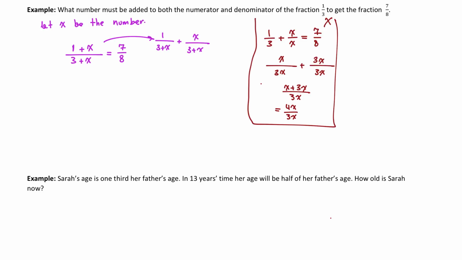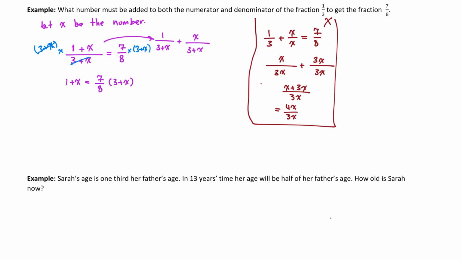So I will multiply both sides by 3 plus x, in brackets, times 3 plus x. And this will get rid of the 3 plus x in the denominator on this side, and I will end up getting 1 plus x is equal to 7 over 8, and I will get 3 plus x on this side over here.